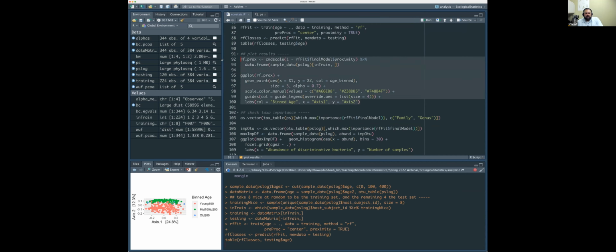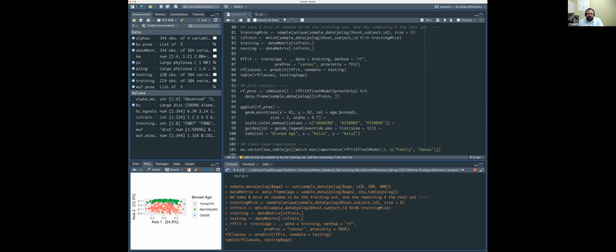Sorry, the random forest is still running. So here we're doing it in two stages. We're training with the method random forest, and then we're running the predict. So we're first running random forest on the training data set, and the random forest fit that we've discovered, we're then testing with the predict function on the testing data set.